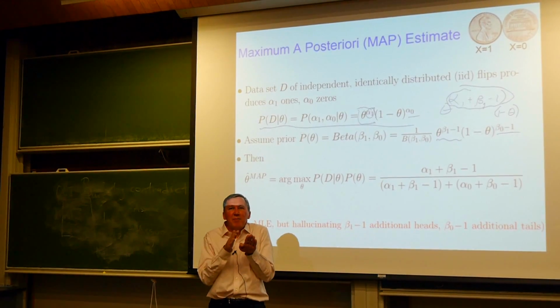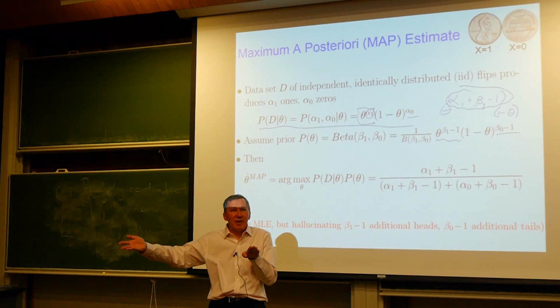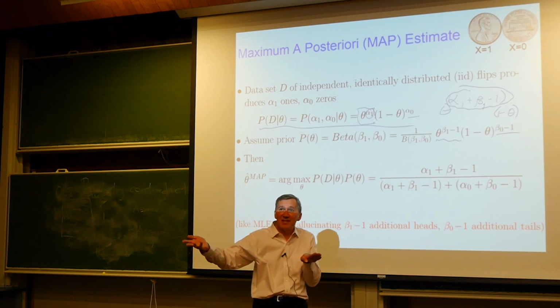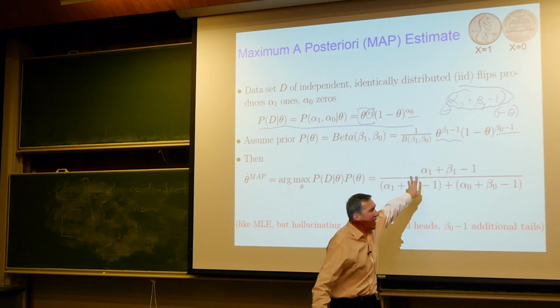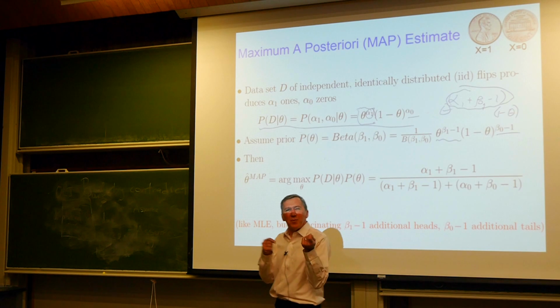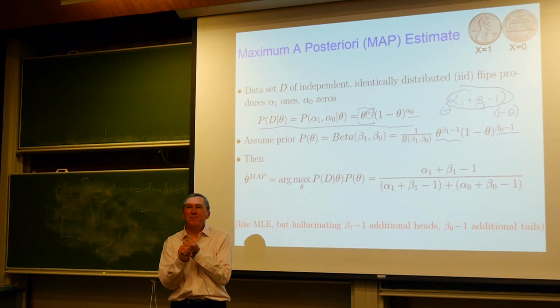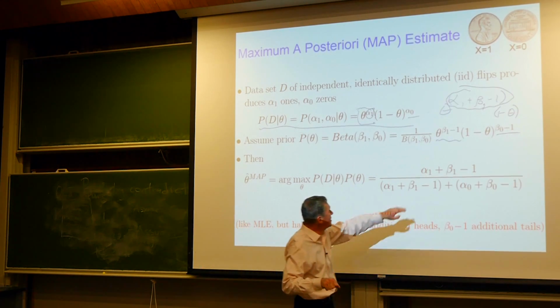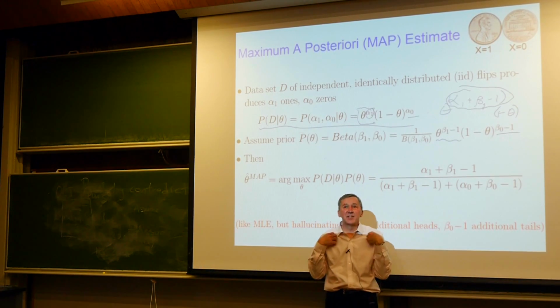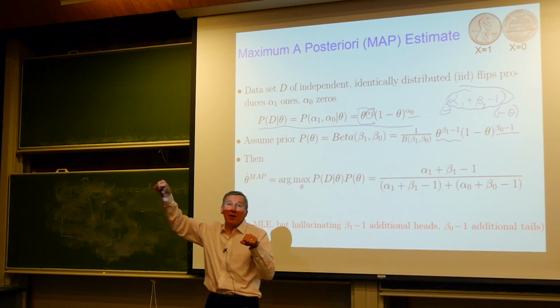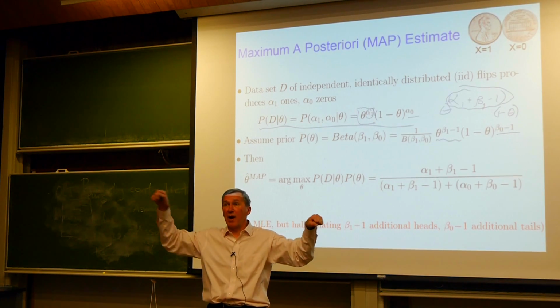And so then I'm going to rely a lot more on the observed flips, the alphas, to give me the final estimate. So that's one thing that's nice about this beta prior. It effectively lets us choose both the ratio, beta 1 to beta 0. I just chose 0.5, 0.5, but I could have chosen 0.9, 0.1 if that was my prior.